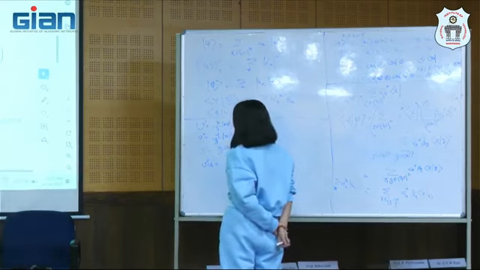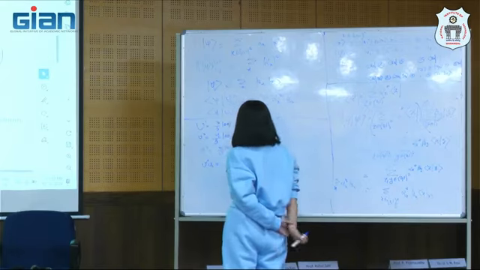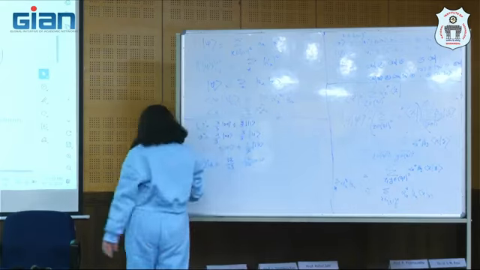V1 and V2: 3 over 5, 4 over 5, 4 over 5, 3 over 5. Can you explain it to them now? Just explain. Use the mic.